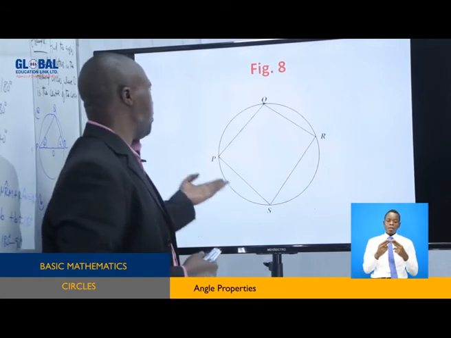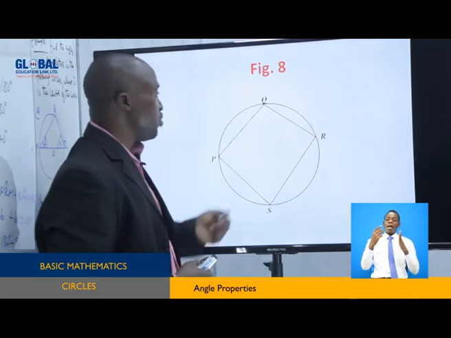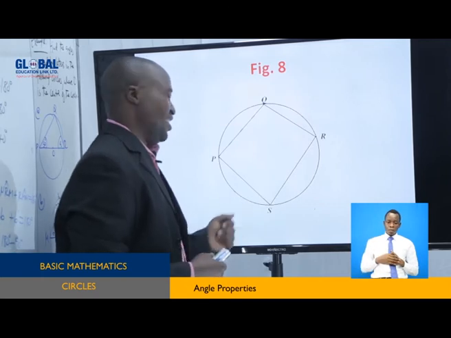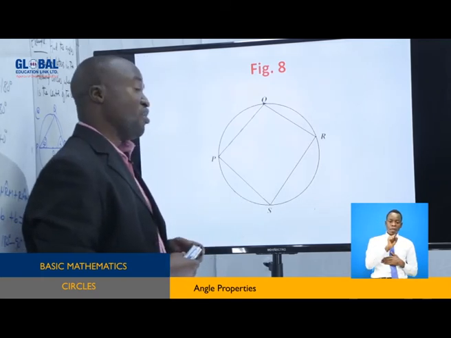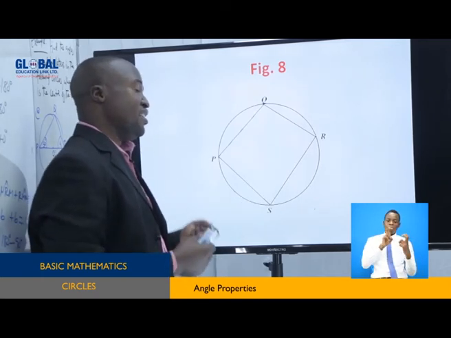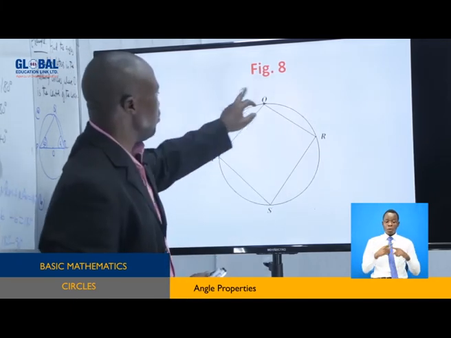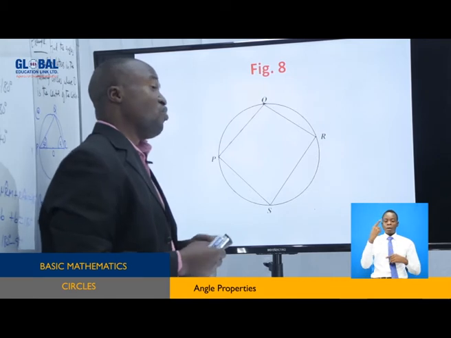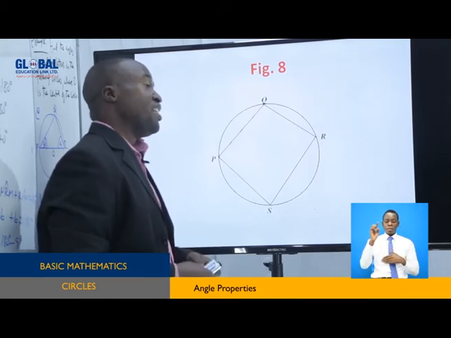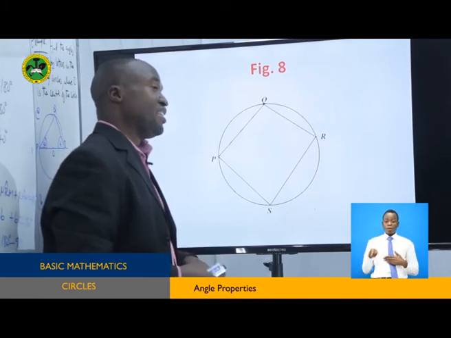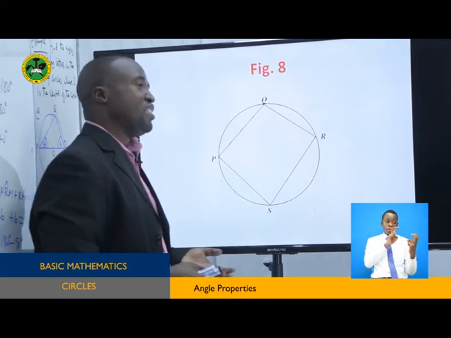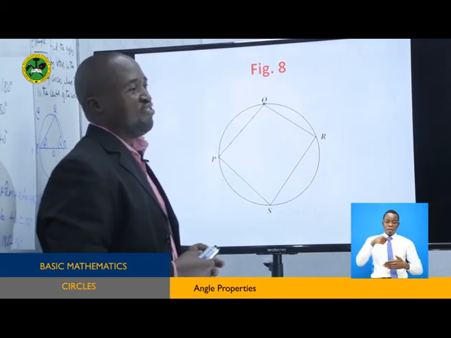That means SPQ is opposite to QRS. Therefore, adding these two angles, you get 180 degrees. The same as PSR plus PQR, that is equal to 180 degrees, because they are opposite angles in the cyclic quadrilateral. A quadrilateral is a four-sided figure.